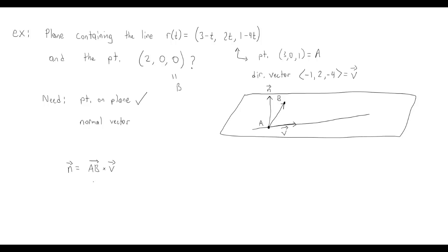Alright, so the vector AB, we get it by doing the point B minus the point A. So if we do B minus A, that's going to give us, let's see here. B minus A would be 2 minus 3, it's -1. 0 minus 0 is 0. 0 minus 1 is -1.